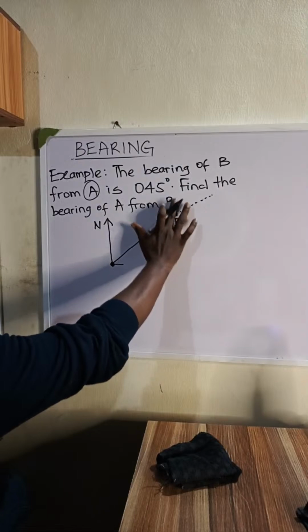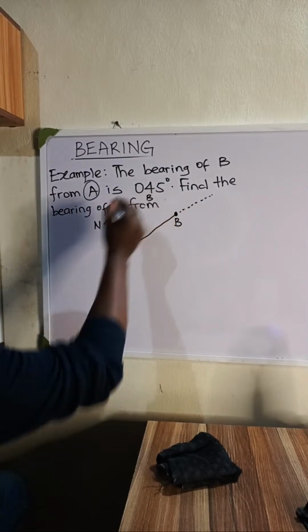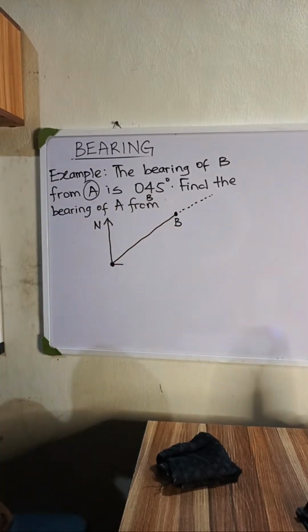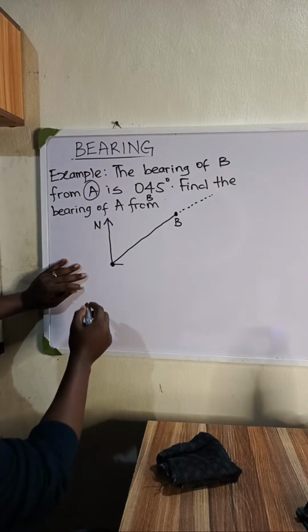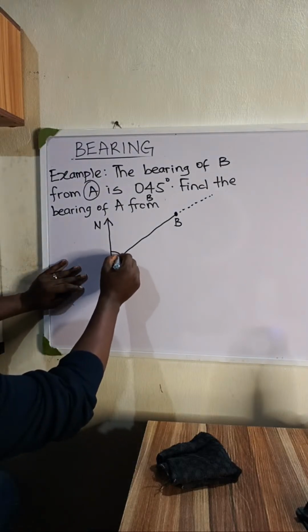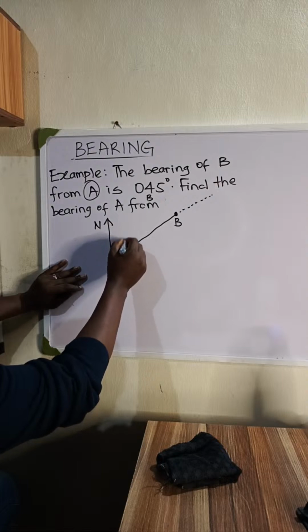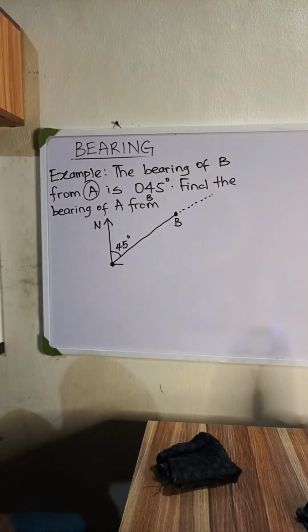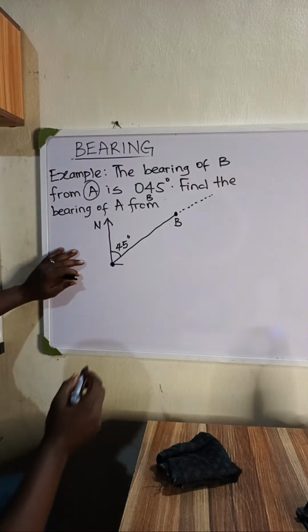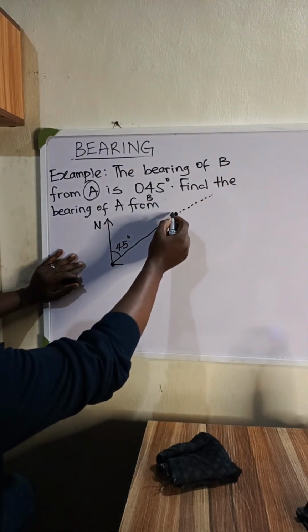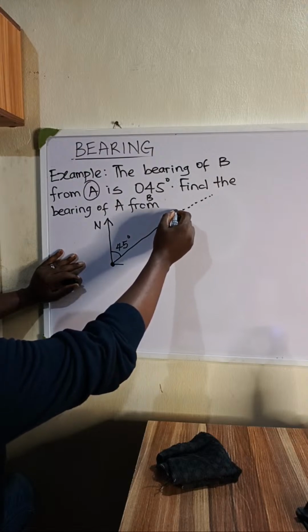I'm going to wipe off this B. So the bearing here is 45 degrees. The bearing there is 45 degrees. So if we decide to continue along this journey, let's consider the north direction.